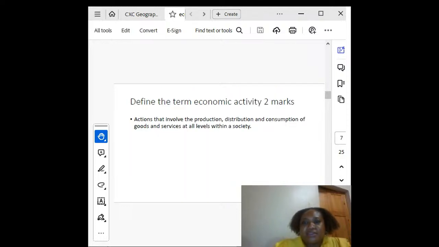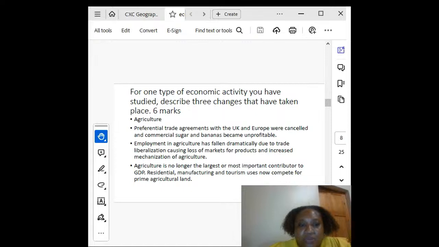Well, economic activity, right? Actions that involve the production, distribution, and consumption of goods and services at all levels within a society. So I like to say that it is the way in which the country earns revenue for the country. So again, this is a common question under economic activity.